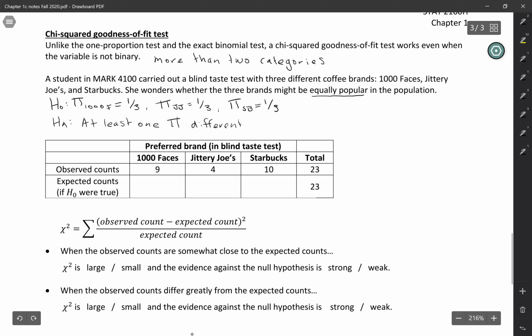In other words, at least one of the pi's is not 1/3. So this is always how the alternative works with a chi-squared test. It's always two-sided. We're just saying that pi is not 1/3. It could be greater, it could be less. So you can always think of a chi-squared test like a two-sided test where you don't have a directional hypothesis.